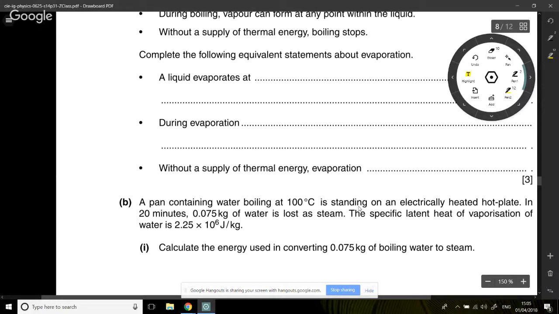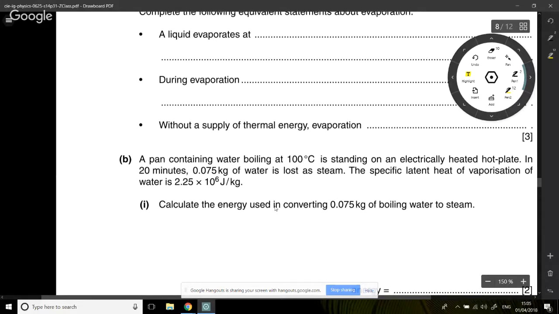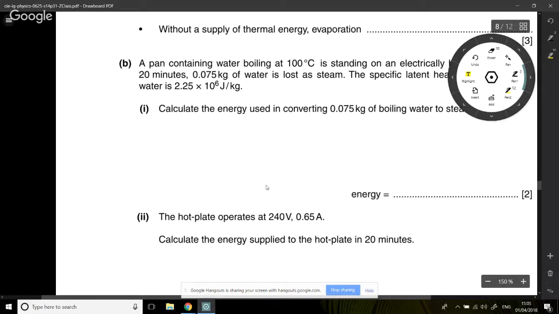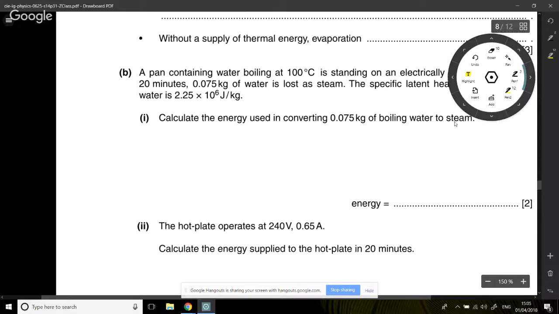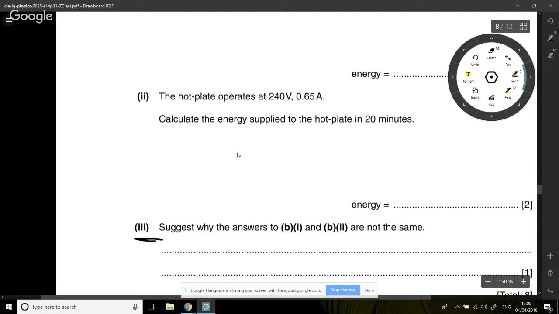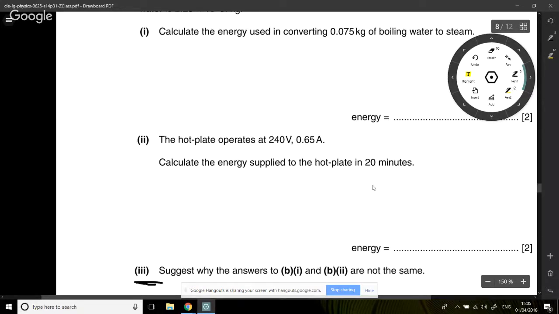And okay, then this is a question to do with boiling a certain amount of water, and you calculate the energy converting water to steam. You have a specific amount, and then you have a more real world case where you actually have it on a hot plate and it takes so much time.